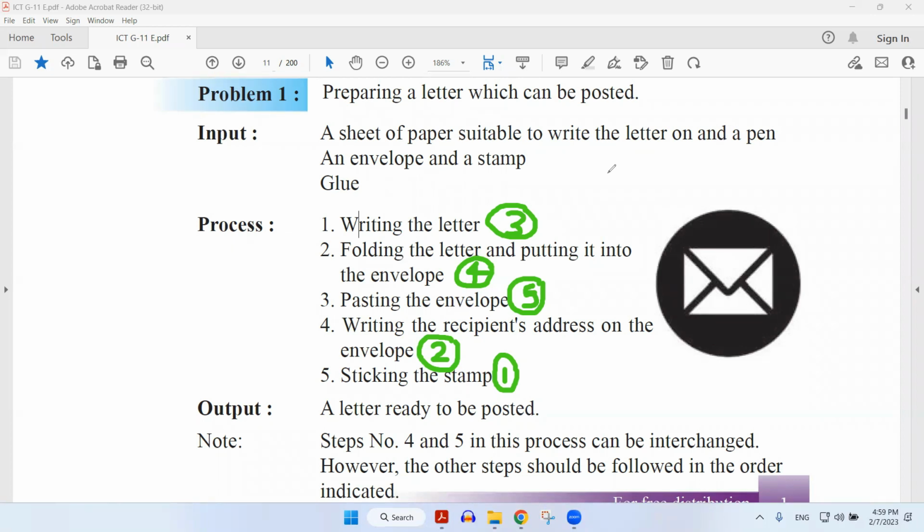So in this case, writing the recipient address on the envelope and sticking the stamp will take the same time. And then you can spend the time of writing the letter, and then you can fold it and put it into the envelope. Same time, pasting the envelope, same time. So neither of the methods is better than the other. They are working in the same way, right?